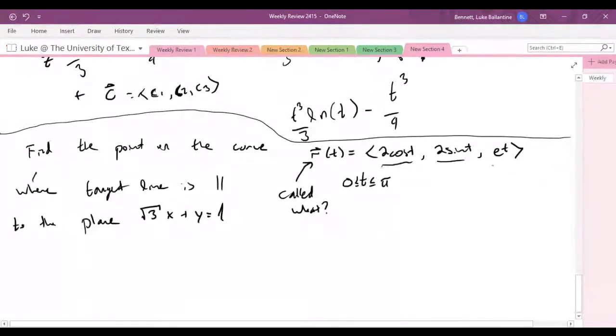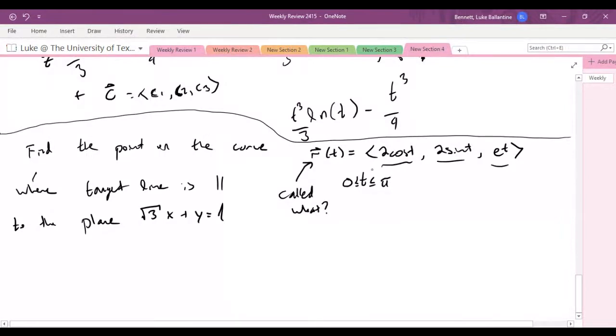We have a cosine, we have a sine, and we have an exponential. It's a helix.